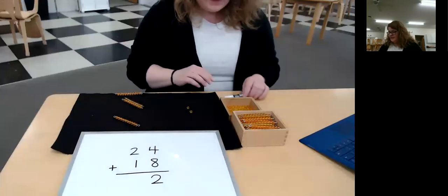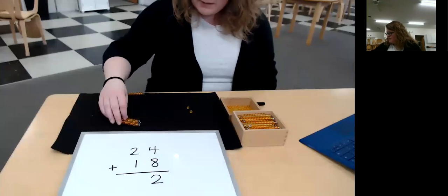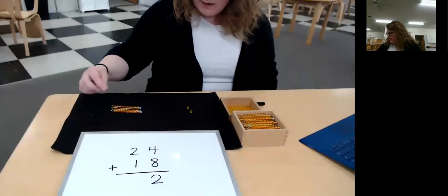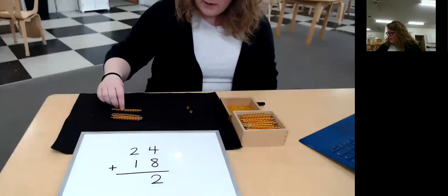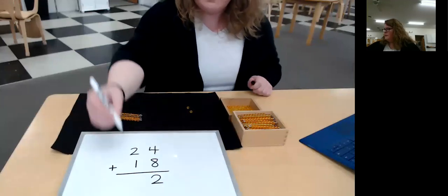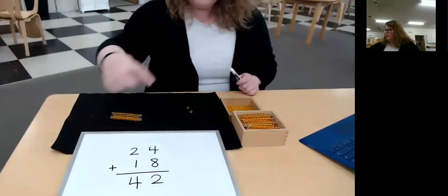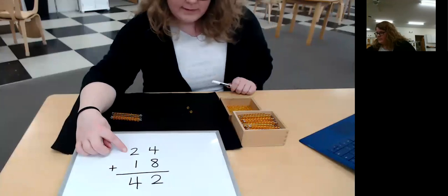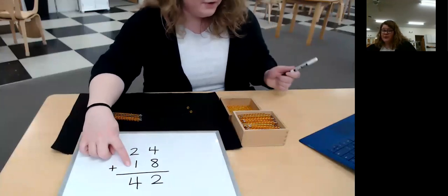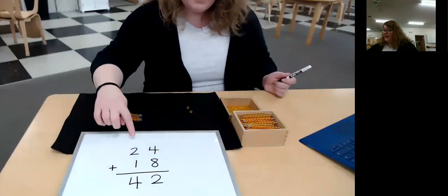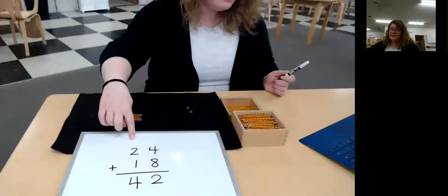Now let's look at our tens. So I'm going to put them all together, and I have 1, 2, 3, 4 tens. We had 2 tens plus 1 ten, but don't forget, we also had our trade-in. So we had another 10, so that made 4.